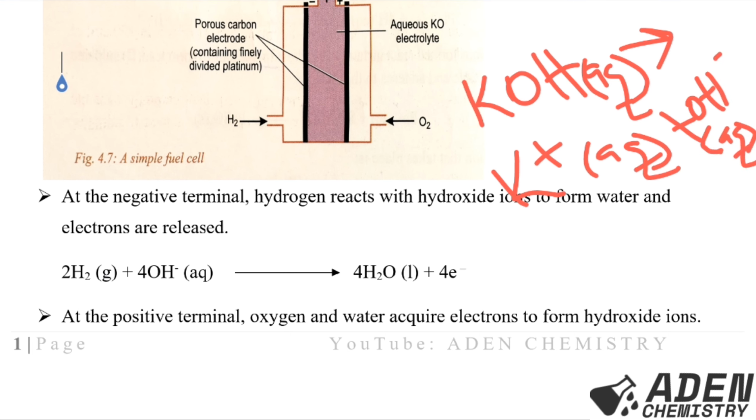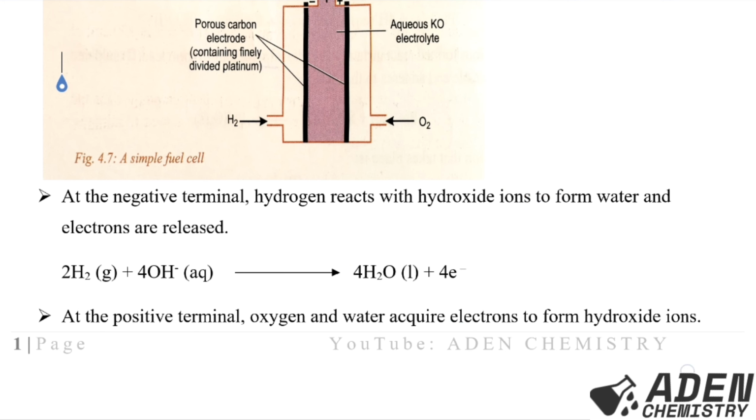That's why at the negative terminal, hydrogen reacts with the hydroxyl ions to form water, and electrons are released. The equation at the anode is that 2 moles of hydrogen gas react with 4 moles of hydroxyl ions to give 4 moles of liquid water, and the 4 electrons that we have lost.